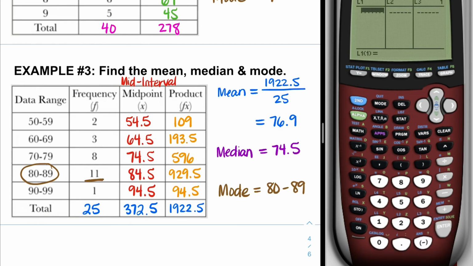Last but not least, let's put it in the calculator so that we know what we're doing. You can't put 50 to 59 in there because the dash represents either negative or subtraction. So we have to use the mid intervals. I'm going to put the mid intervals for the data set down here, and then I'm going to put the frequencies.